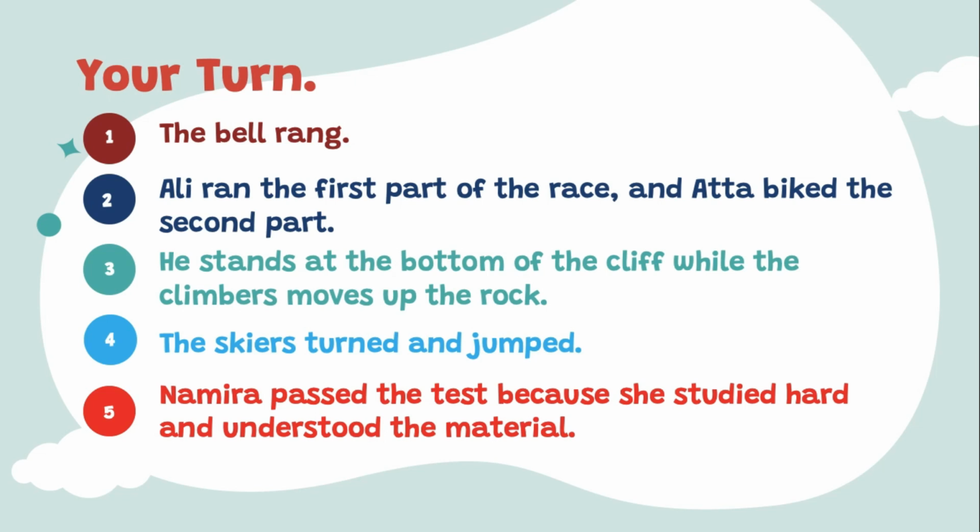Alright, are you done? Good, let's discuss. The first one. Alright, good, it is a simple sentence. Let's move to the second sentence. What is it? Great, that's a compound sentence. Third, excellent, it is a complex sentence.